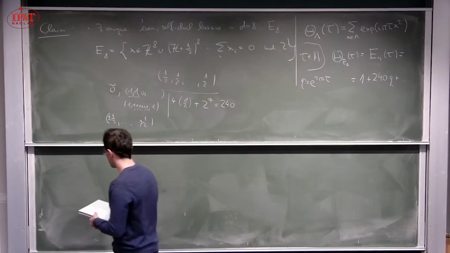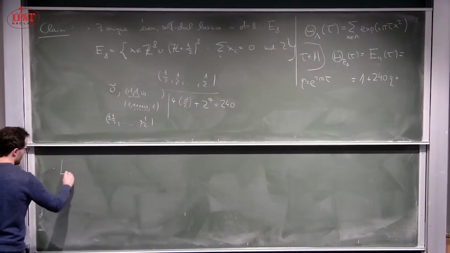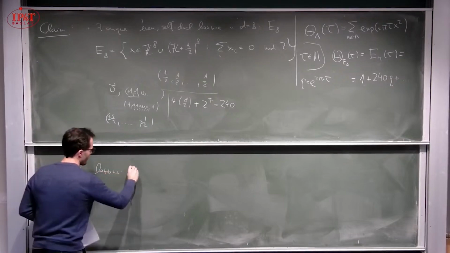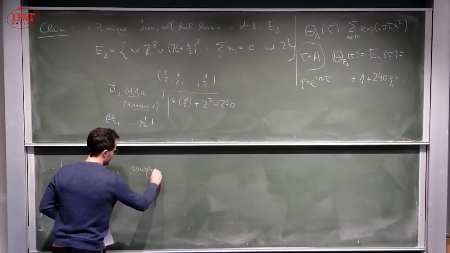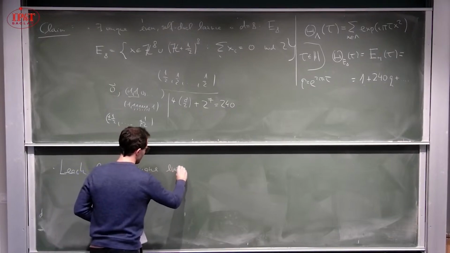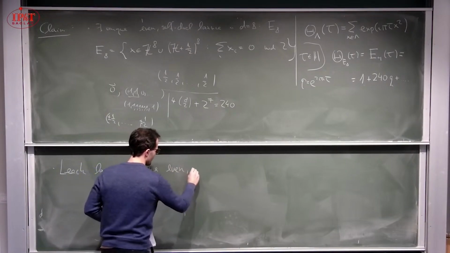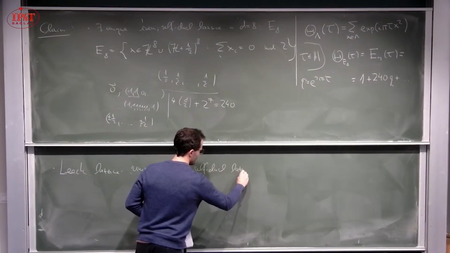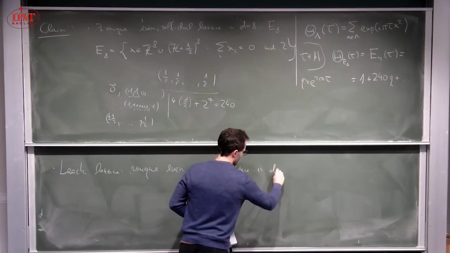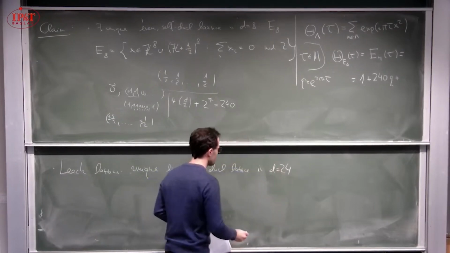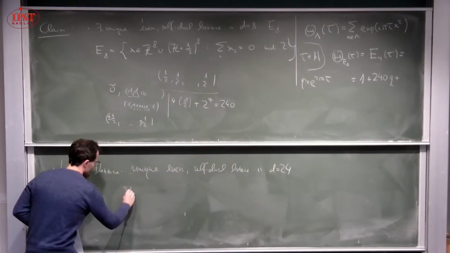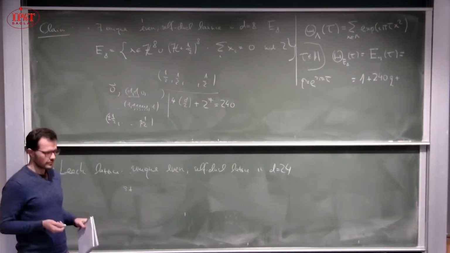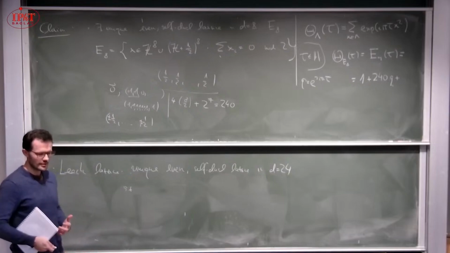It is the unique even unimodular lattice in 24 dimensions such that there are no vectors of length squared 2. The shortest non-zero lattice vector has x squared equal to 4.